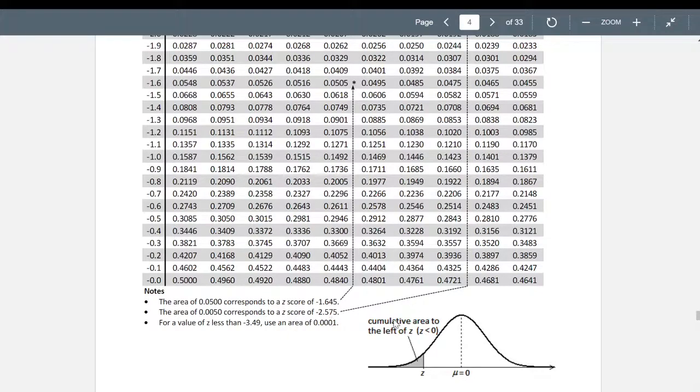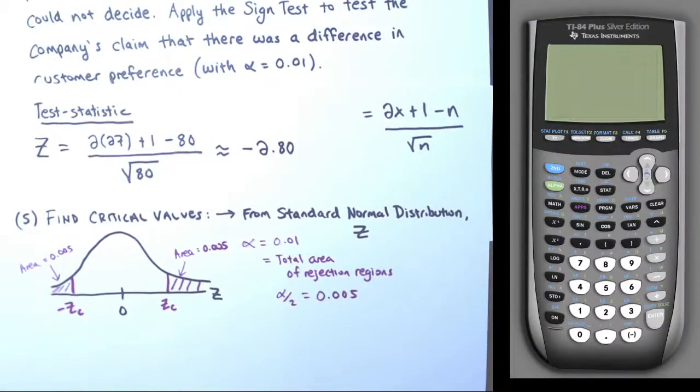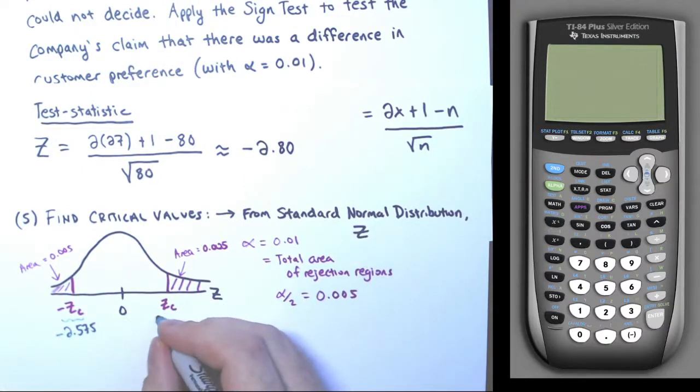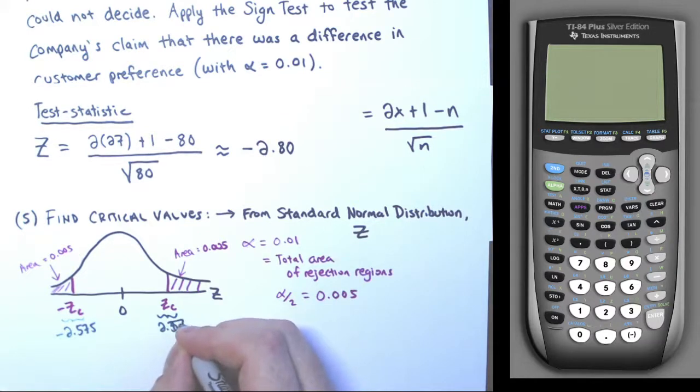So I don't even have to look in the table. It tells me down here what z-score has an area of 0.005, or 0.5%, to the left. So that's beautiful. This score here is negative 2.575 according to that chart, and then this score would be positive 2.575. And those are our critical values.